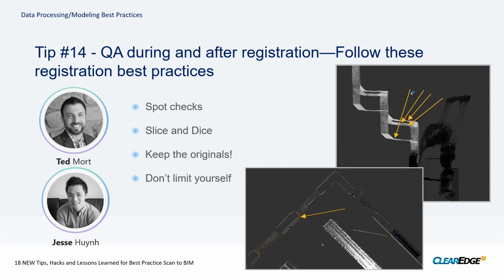Yeah, so definitely to add on to Ted's point, early on reviewing the scans yourself is really critical, and it helps you prevent additional rework in the long run. One of the things that we love to do early on when we get the scans is, as Ted mentioned, do cross sections. So, for example, cutting the floor plan such that you can only see the walls and the outlines of the walls.